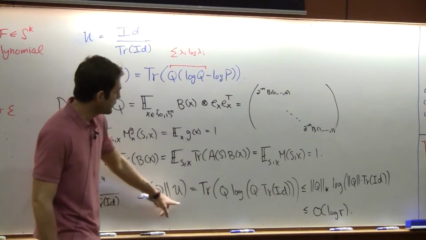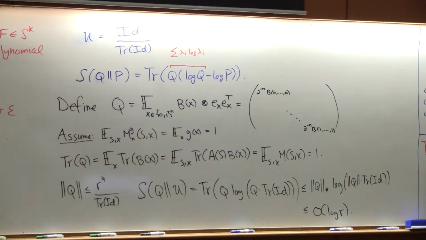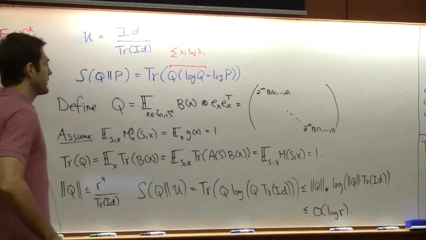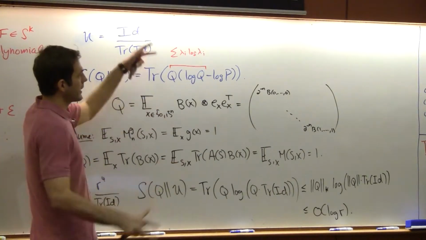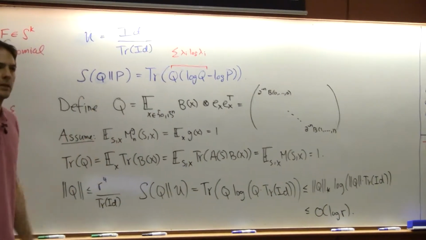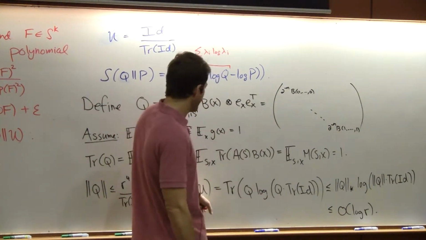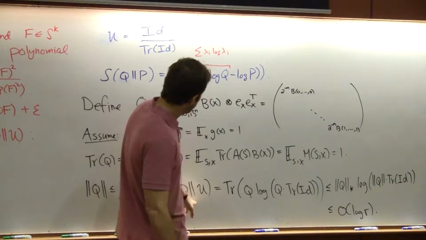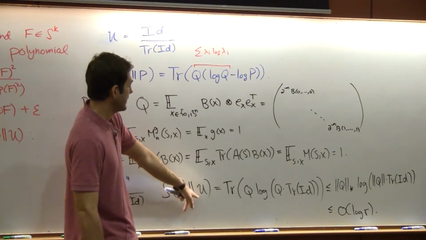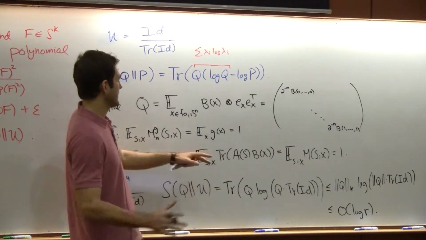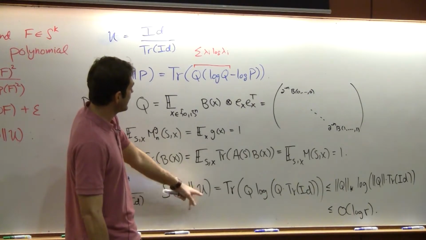The relative entropy of q to the maximally mixed state is only order log r. This was the whole point of doing this rescaling: it says that B is very well spread out in this space. When this is 0, it means that we're at the maximally mixed state, which is the simplest matrix and the simplest density we can think of.